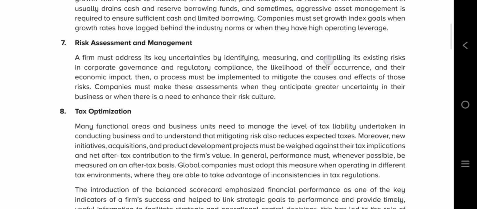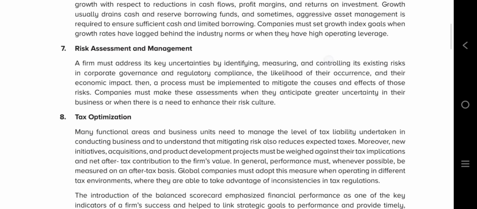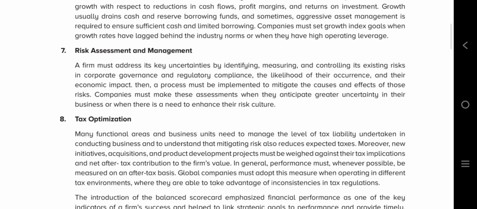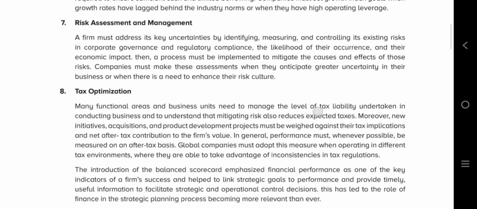The more the dividend distribution, the more the dependency on external sources to raise finance, and vice versa. So the main aim of all these three decisions is profit maximization and wealth maximization of the shareholders.